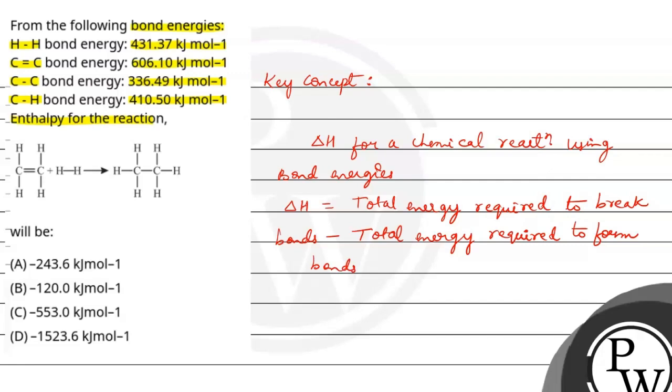So we'll be breaking bonds at the reactant side and we'll be forming bonds at the product side. So now we'll see which bonds are broken in the reactants.